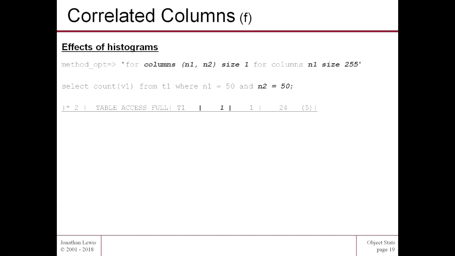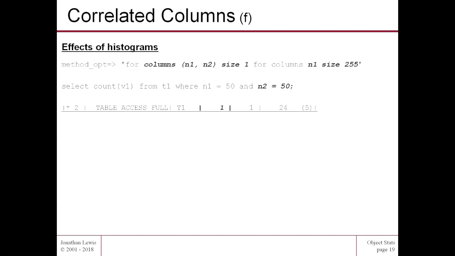Oracle's estimate of cardinality says, forget the column group, simply look at the two separate selectivities. Okay, when we've got a histogram on some of the columns in the column group, Oracle says, forget the column group, unless you've also got a histogram on the column group. Okay, that's an important feature.